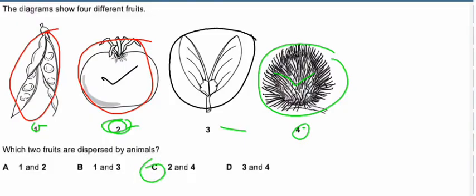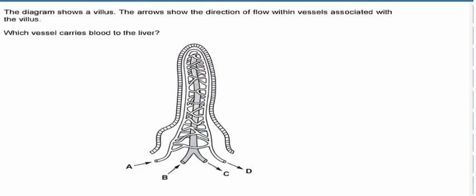That is C. The next one. The diagram shows a villus. The arrows show the direction of flow within vessels associated with the villus. Which vessel carries blood to the liver?